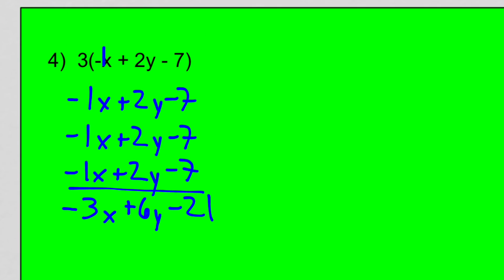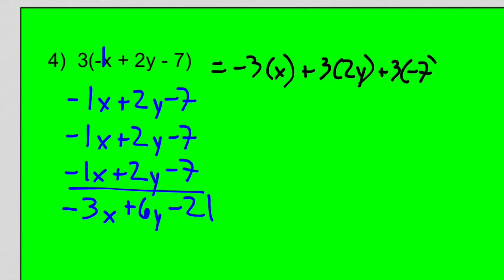Now, if I do the shortcut of this, I do 3 times negative x, which is negative 3 multiplied by x. And I do 3 times positive 2y, which is plus 3 times 2y. And then I do positive 3 times negative 7, so plus 3 times negative 7.